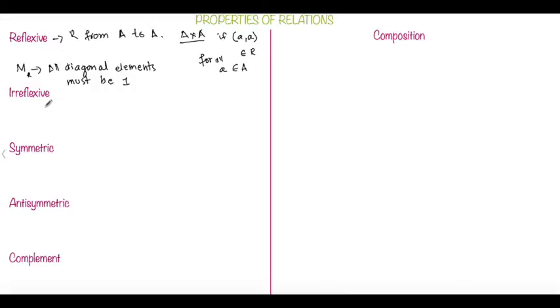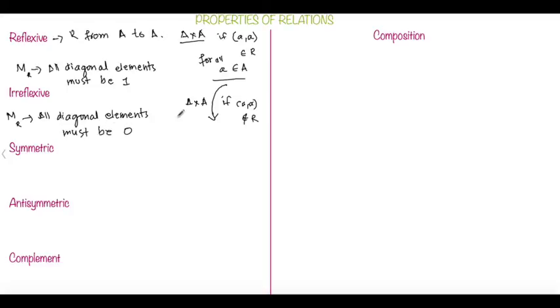Irreflexive is defined for a subset from A to A if (a, a) does not belong to R for all a belonging to A. Then in terms of MR, this means all diagonal elements must be, you guessed it, 0.